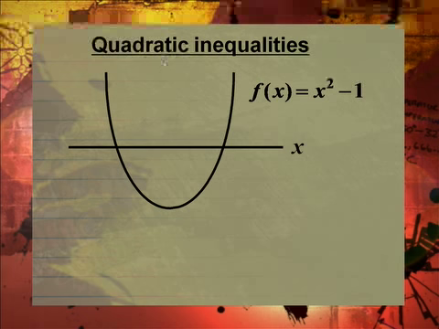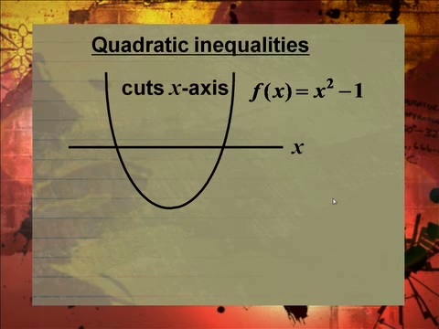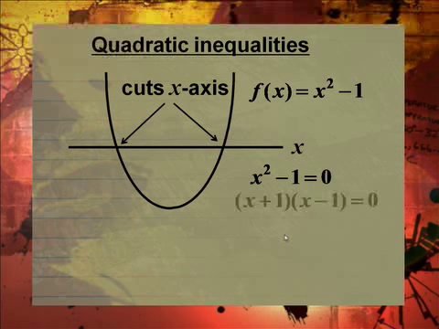The parabola cuts the x-axis, and you let the y, the f(x), be naught. Now it's very easy. It cuts the x-axis there, and we want to get those x values. If you put it equal to naught, you can get yourself a nice little quadratic equation.